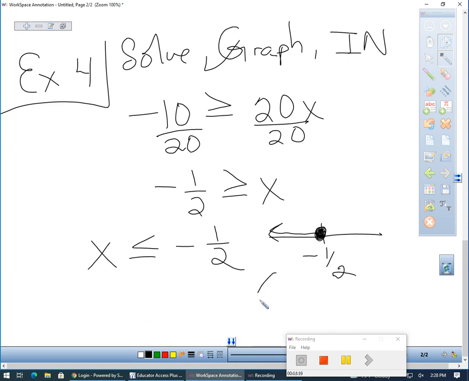Interval notation: this starts at negative infinity, goes to negative 1/2 with a bracket. So this is saying that any solution that falls in here will make this inequality true. So it's not a single answer, it's an interval.